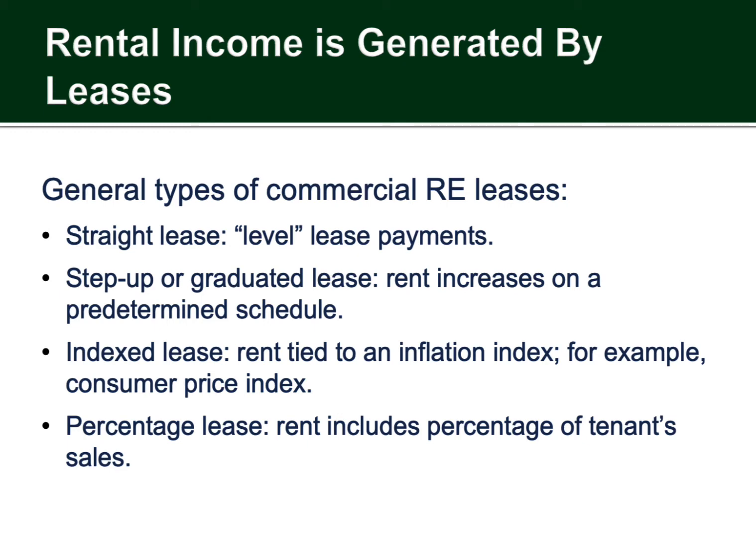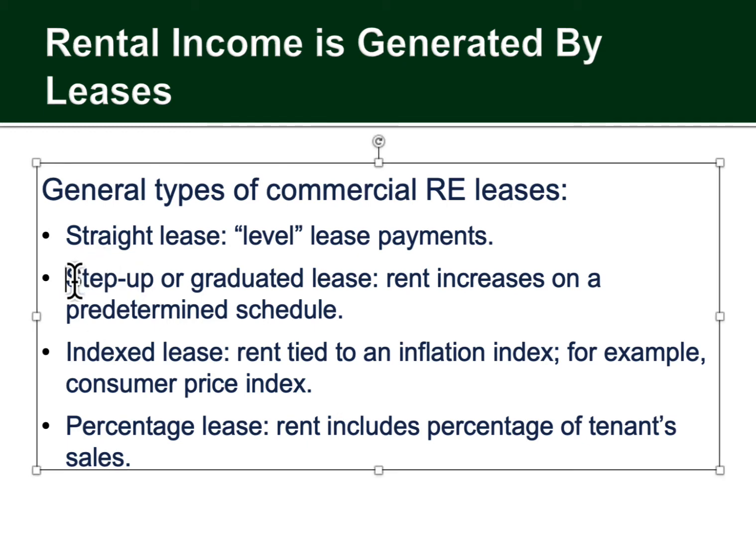But it's worth noting that there are other types of leases that become more common when we start talking about commercial properties other than apartment buildings. So it's common in office building leases, for example, to include a step-up or graduated term lease.